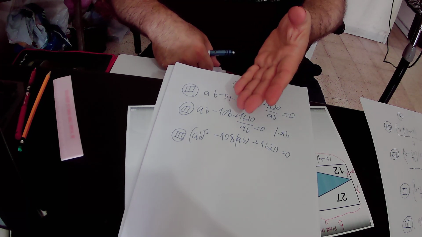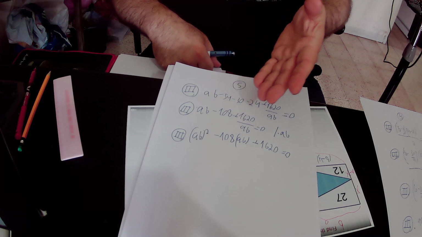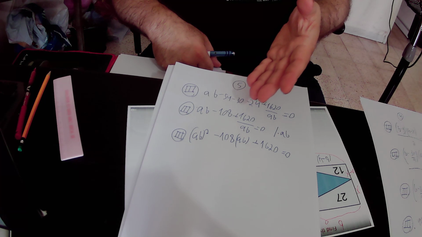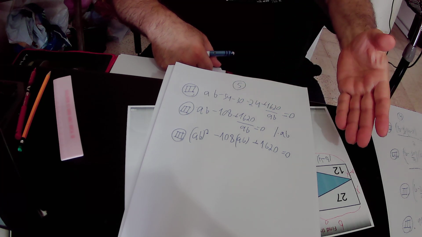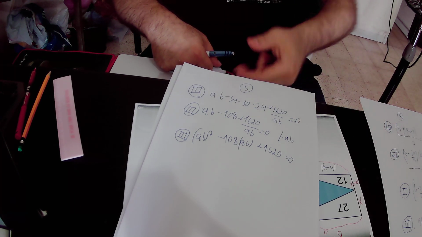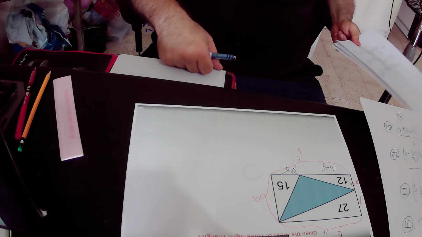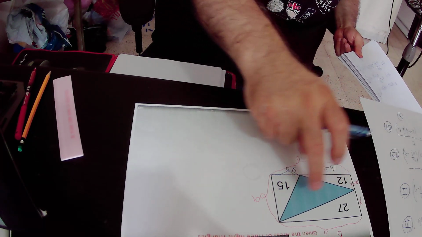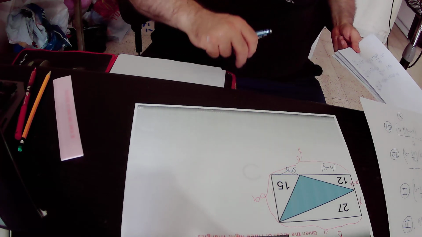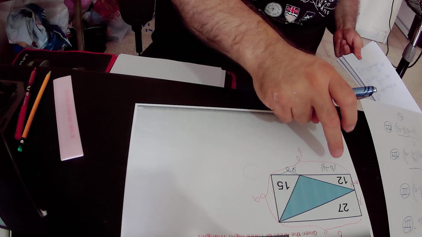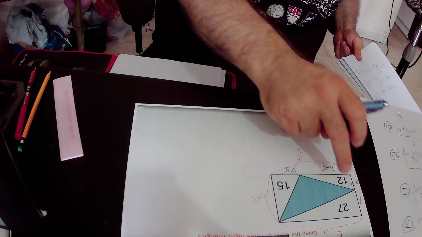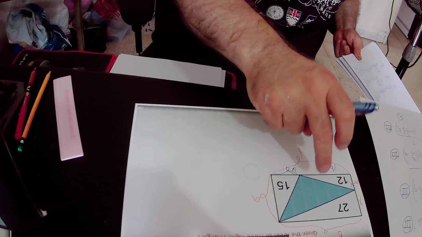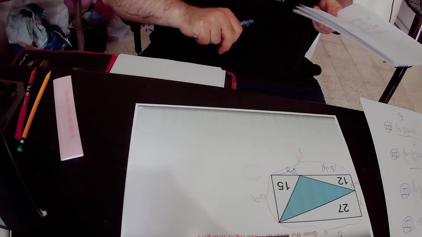When we solve this quadratic equation, we will get the values of ab, and we will have the answer, because the area of the rectangle, that is a times b, minus the sum of the areas of the three right triangles will be equal to the area of the blue triangle.